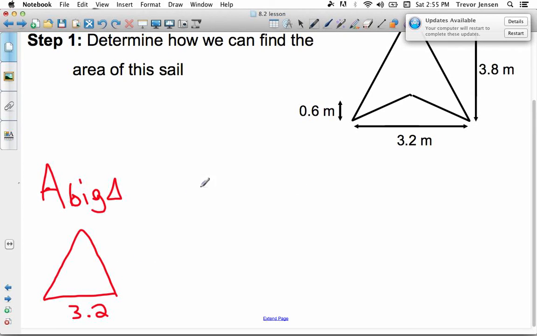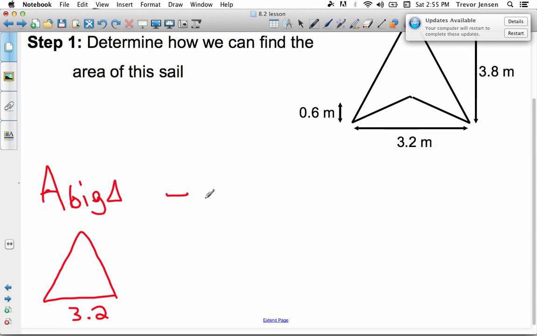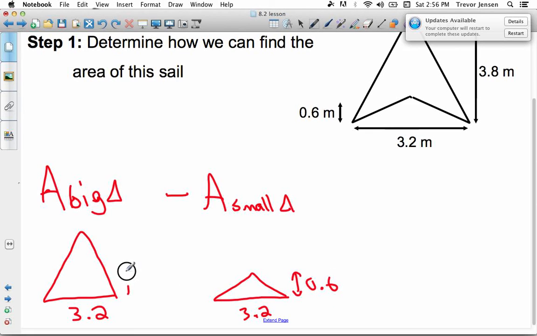So I'll find the area of the big triangle and then subtract the area of the small triangle that's been cut out. And I'll draw that. Oh, I forgot to label the height of the other one. I'll do that after. And then I want to subtract the area of this. The base of that is 3.2. And the height of that is 0.6. The height of this other triangle was 3.8.